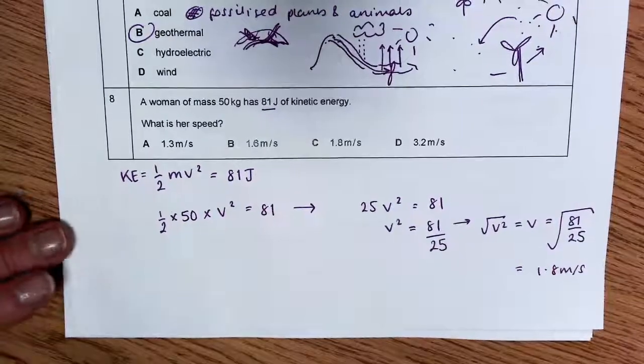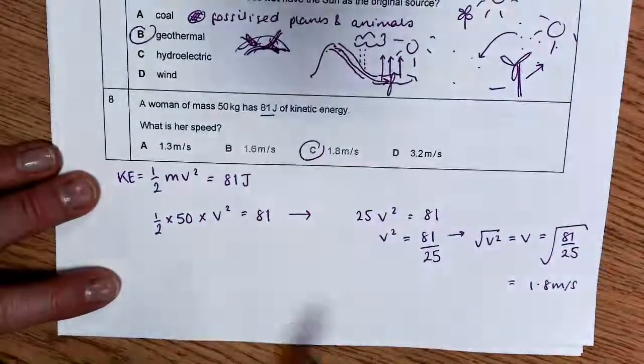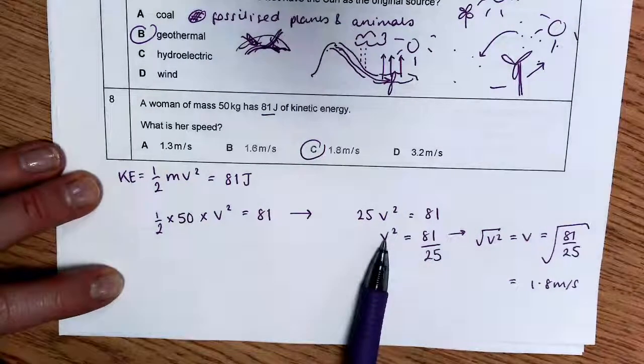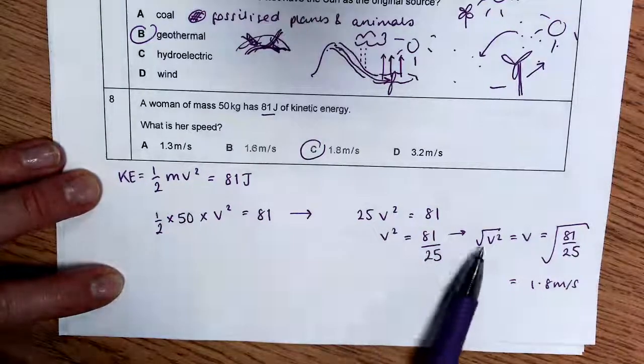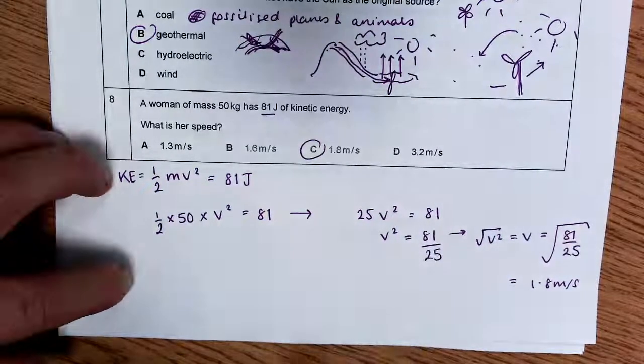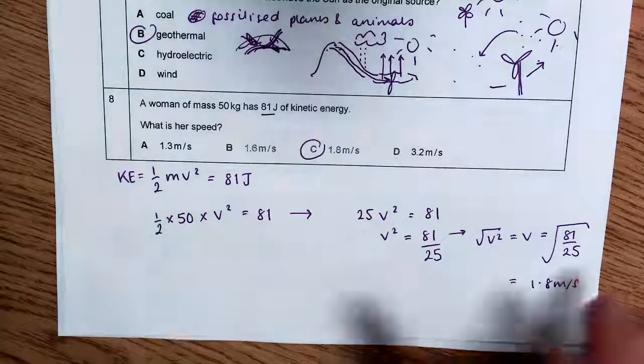So you can check that, and that will give you answer C. Okay, so we write out what we know, we rearrange to get the thing that we need. We don't want v squared, so we have to square root it. But if we square root this, we also have to square root the other side of the equation. And that gets us 1.8 meters per second.